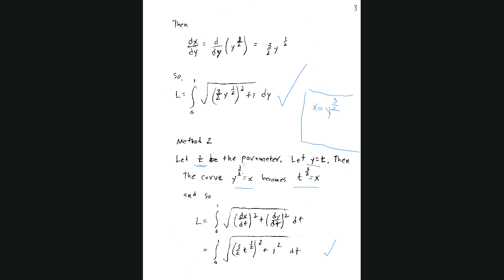I know that I can graph this curve in regular function mode, or if I let y equal t, then x would be t to the 3/2, and I could graph the same curve by putting my calculator in parametric mode. So either way.